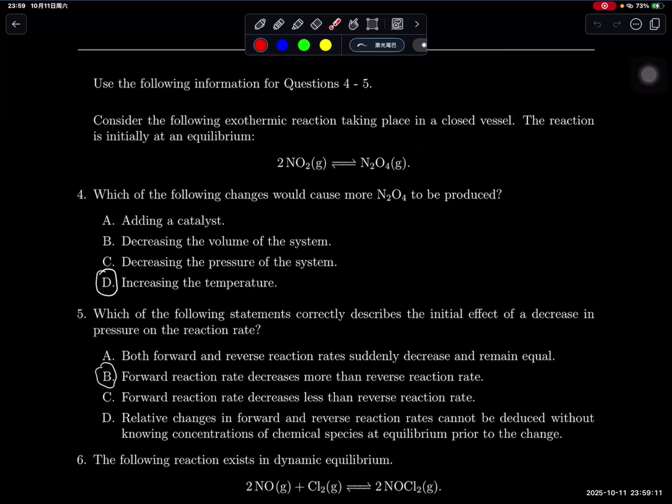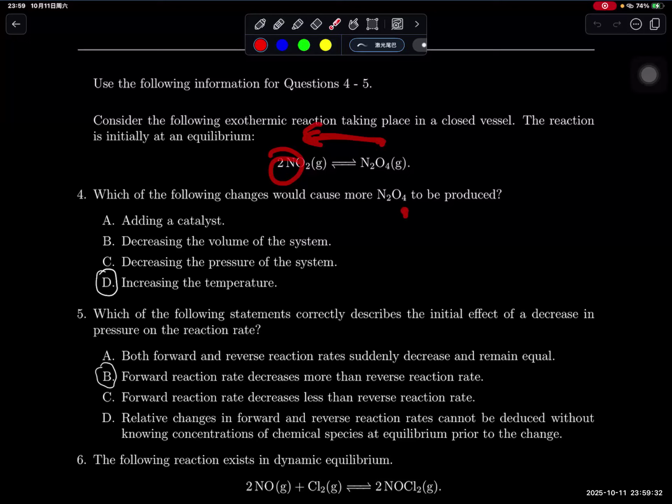5. Which of the following statements correctly describes the initial effect of a decrease in pressure? With a decrease in pressure, the system wants to shift so that the pressure is increased back. So the system will go the reverse way, producing more gas because there are two gas moles on the reactant side.